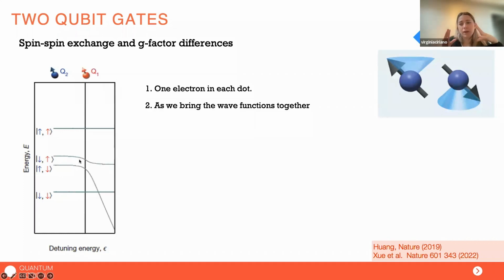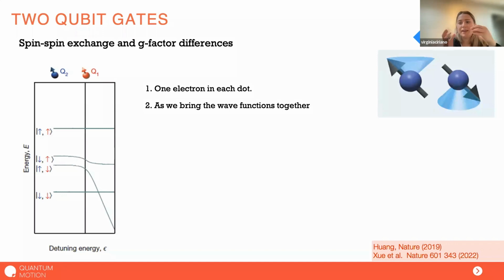Okay. Now, when we try to place those electrons closer, and we could do that by, well, remember that we have 2 quantum dots that were already close, but there wasn't any tunnel coupling between them. We can pull the wave functions together either by decreasing the tunneling barrier between the dots or by trying to make one of the electrons go inside the other dot.